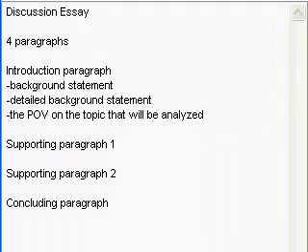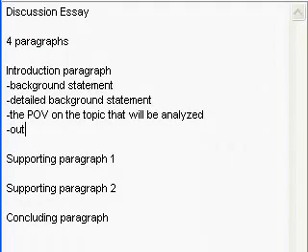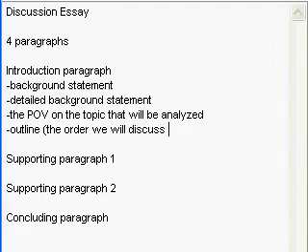So maybe, if you're writing this for an IELTS exam, it's going to be probably 2 points of view on the topic that you're going to look at. Okay, and then obviously the first one is going to appear in supporting paragraph 1, and the second one is going to appear in supporting paragraph 2. Now the last sentence is simply an outline sentence, which is basically telling us the order we will discuss these points of view in.